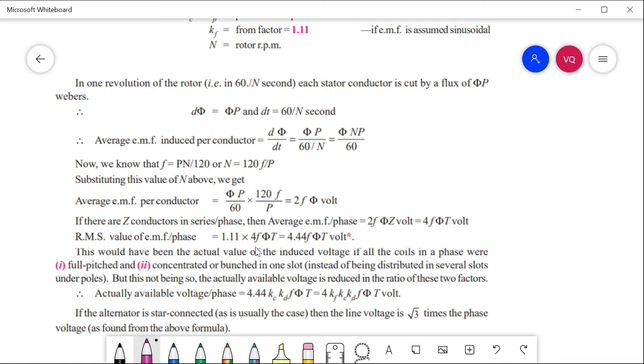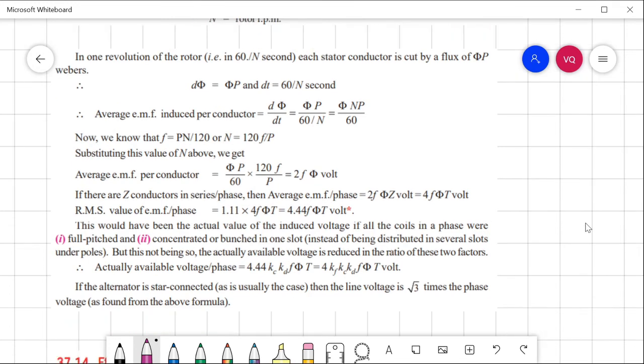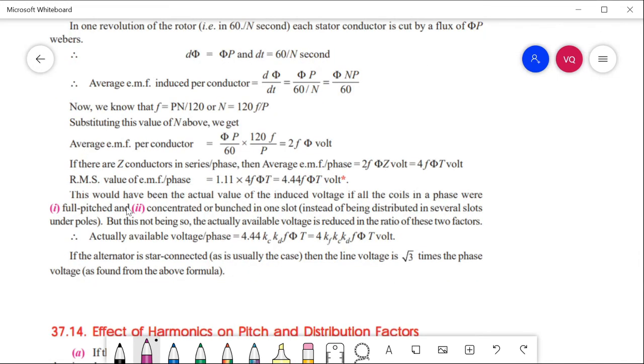So this would have been the actual value of the induced EMF voltage if all the coils are in phase, where number 1, full pitch, and number 2, concentrated or bunched in one slot instead of being distributed in several slots under poles. But this not being so, the actual available voltage is reduced in the ratio of these two factors. So this is the actual available voltage per phase now.